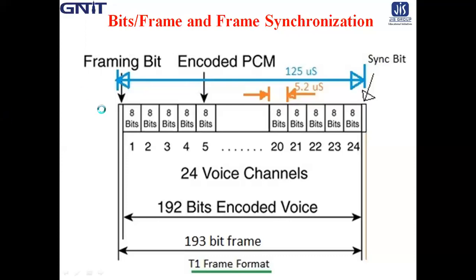So again the same question. In these slots, that is the samples, the information is carried in binary form, either 0 or 1. So how does it differ from the frame synchronization bit?